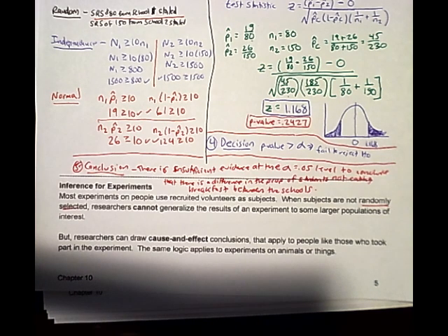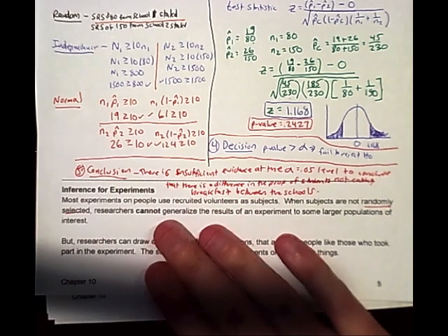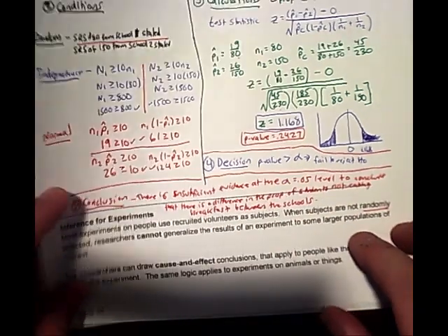The same logic applies to experiments on animals or things. So you might not necessarily be able to say that it applies to all men, but you may be able to generalize some cause and effect relationship between men over 60 that have had a heart attack, for instance. That's what this is trying to tell you about. And there's more in your book about that.